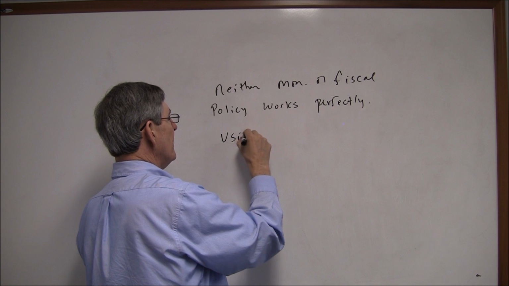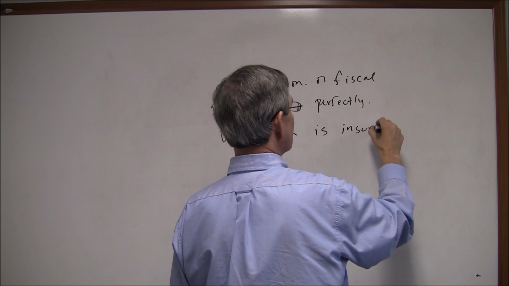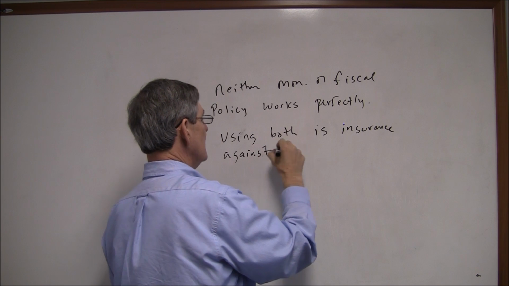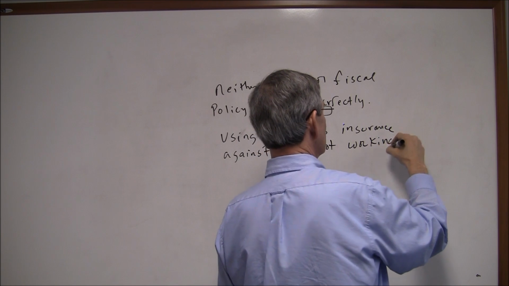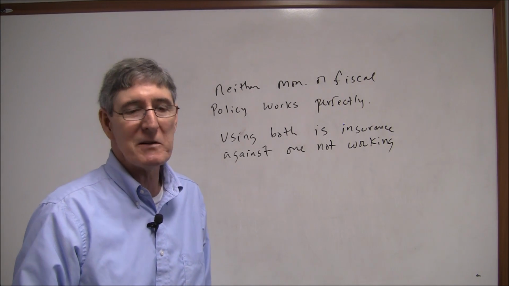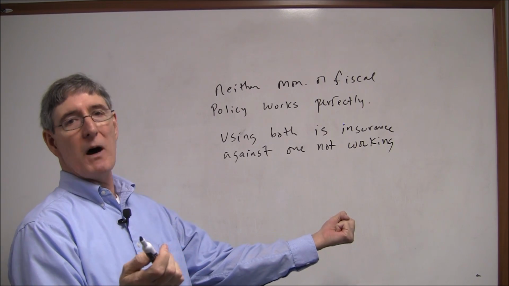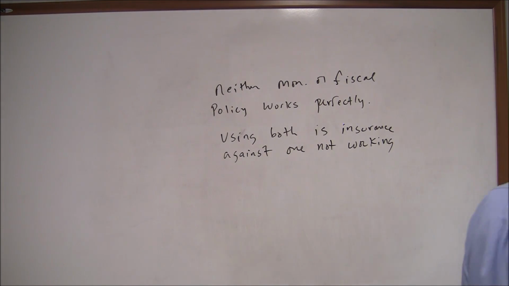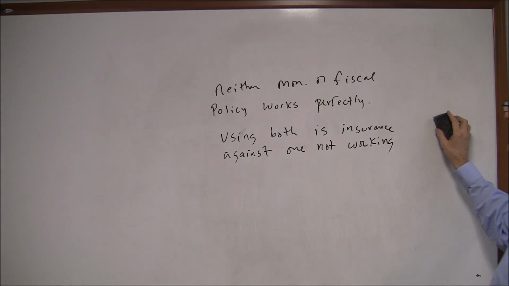So using both is insurance against one not working. Say you just want to rely on government spending alone, and for some reason the multiplier was 0, not going to do anything. Well, if you would use a combination policy, at least you'd get the monetary side. And so using these combination policies could sort of insulate against unexpectedly poor performance of your policy variable.